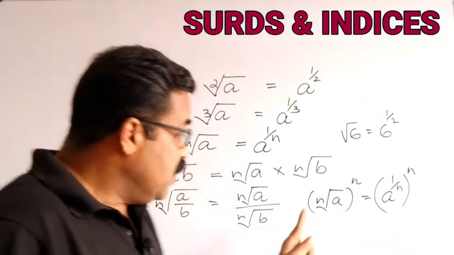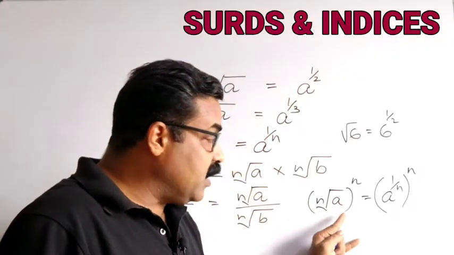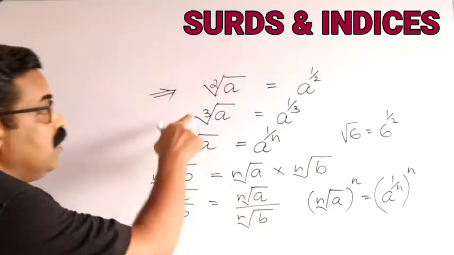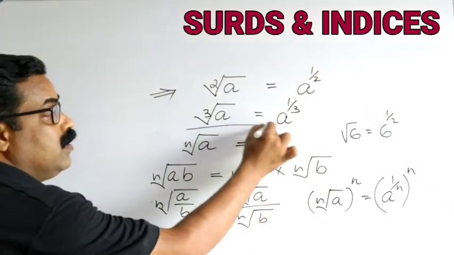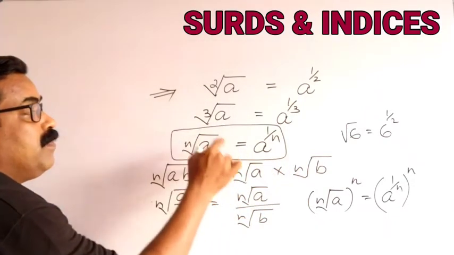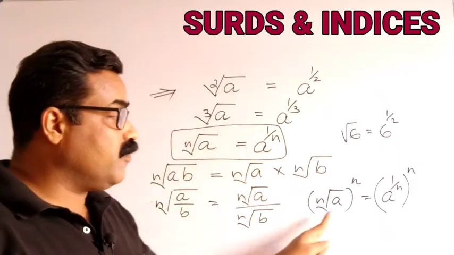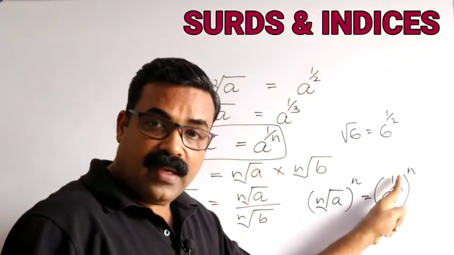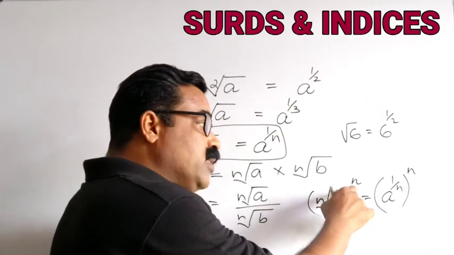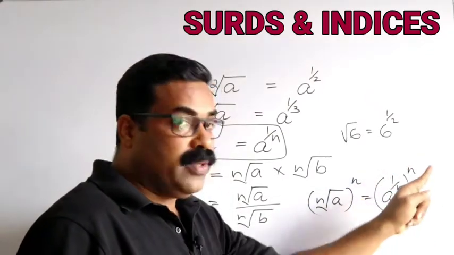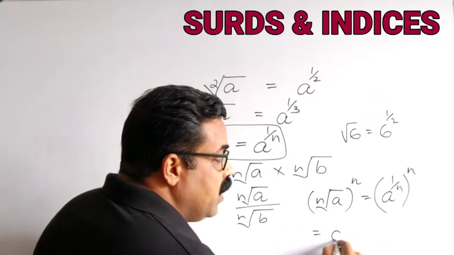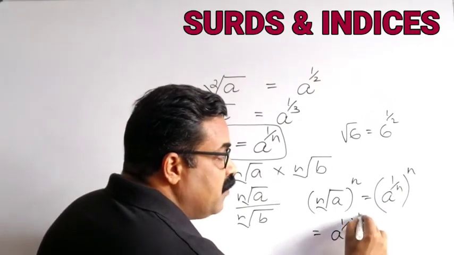Understand very clearly, nth root of a, inside bracket, is equal to a power 1 by n. Then this outside power I am writing again n. So a power 1 by n into n, I can write as a power 1 by n multiplied by n.